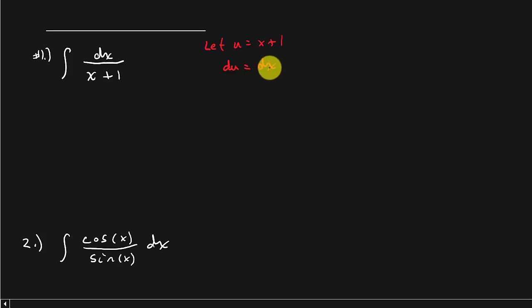So in the place of x plus 1, I'm going to put u, and in the place of dx, I'm going to put du. And you can see that is in the same form that our formula was in.